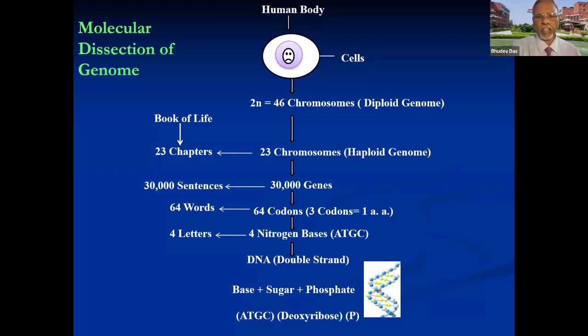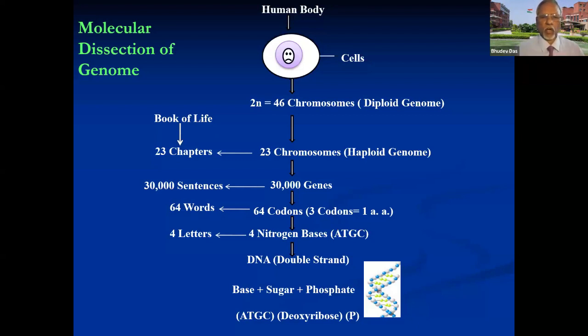You have already had lectures, so you are pre-exposed. 3 codons code for 1 amino acid, then 4 nitrogen bases, and DNA double strand. So this is a book of life that can be divided, simply to remember, into 23 chapters of a book of life, 30,000 sentences, 64 words, and 4 letters.